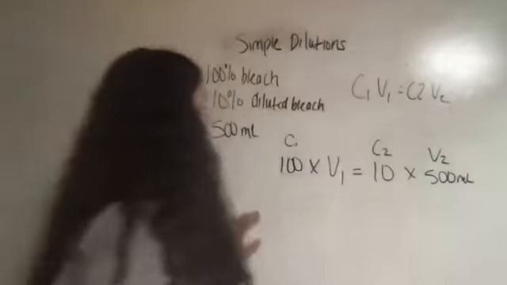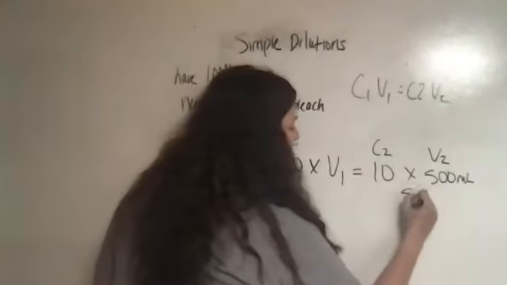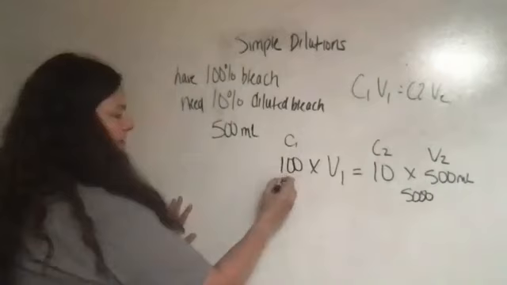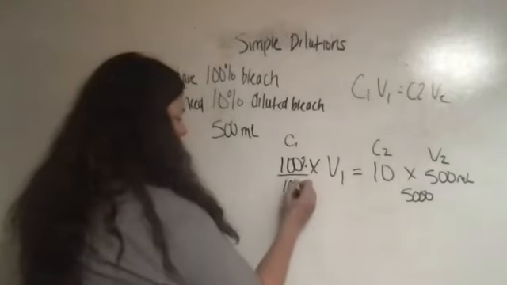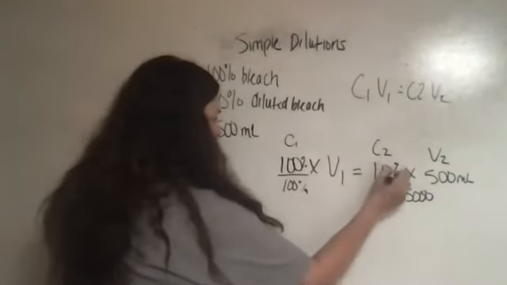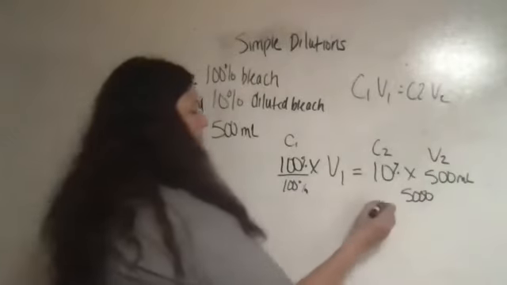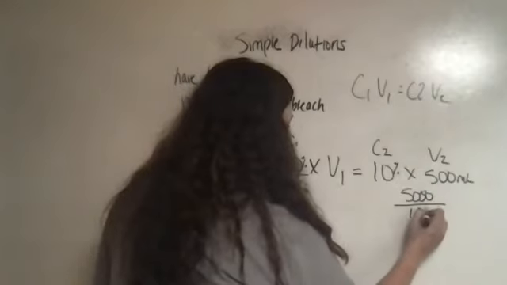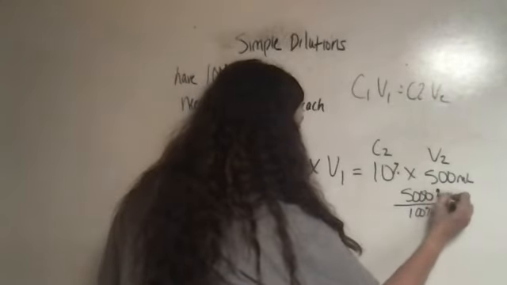Okay, so then we just do the math here. 10 times 500 is 5,000. And we have the 100 here, so we divide this by 100%. This is 10%, and that's 500 milliliters. So we divide this 5,000 by 100%. This is percent, this is milliliters.